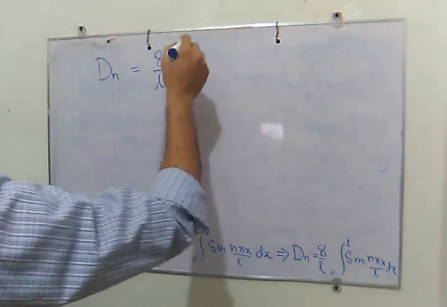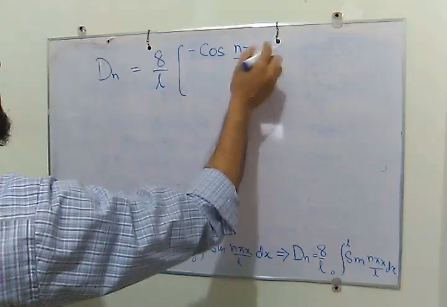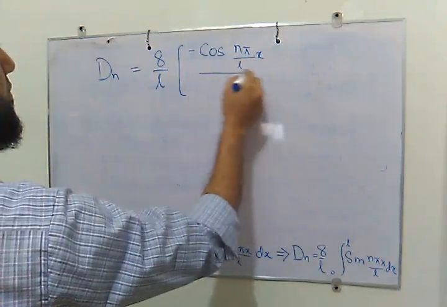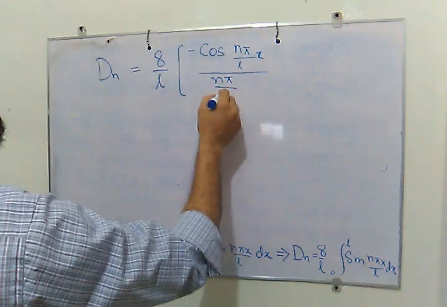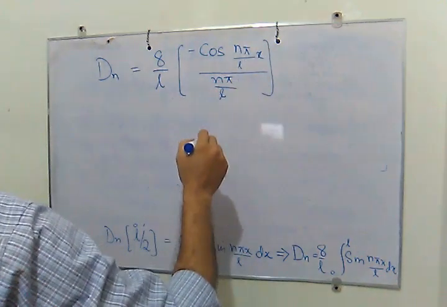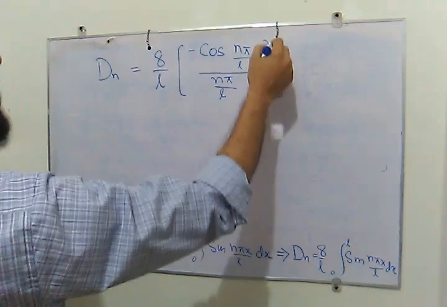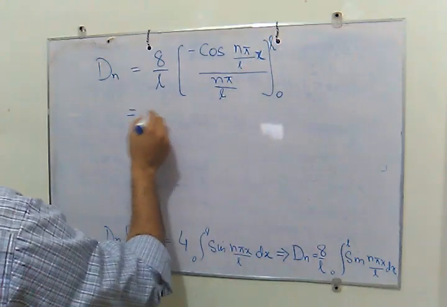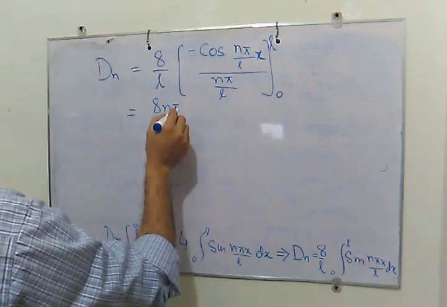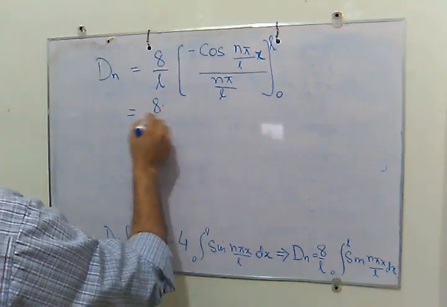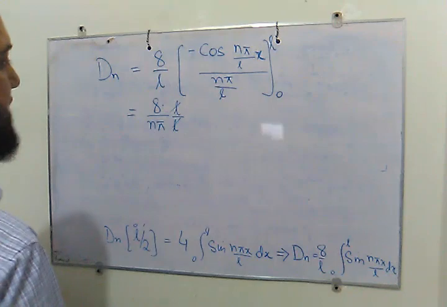We take this integral, it will become minus cos of n pi x upon L, from 0 to L, and in that case this n pi upon L will be taken outside, so it is n pi, L upon L. So these two L's cancel each other.